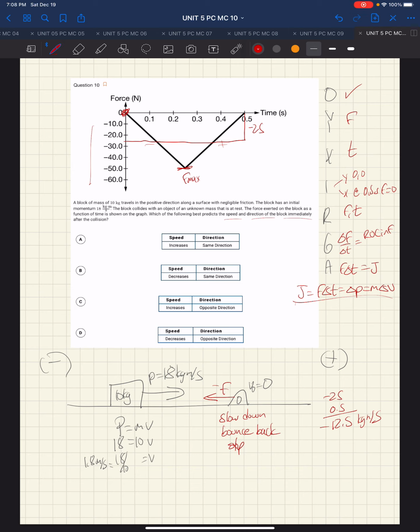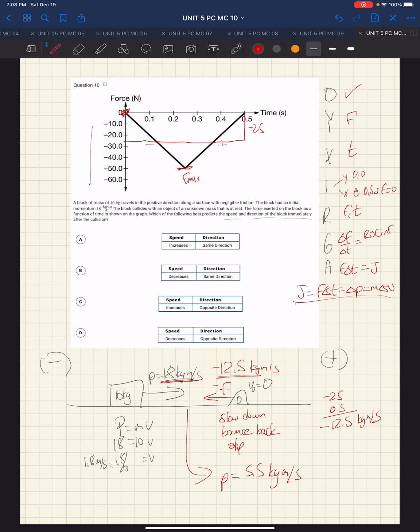So we have 18 kilogram meters per second. It receives an impulse of minus 12.5 kilogram meters per second. So we could see then the initial momentum wins out, and we end up with a net momentum afterward of 5.5 kilogram meters per second.